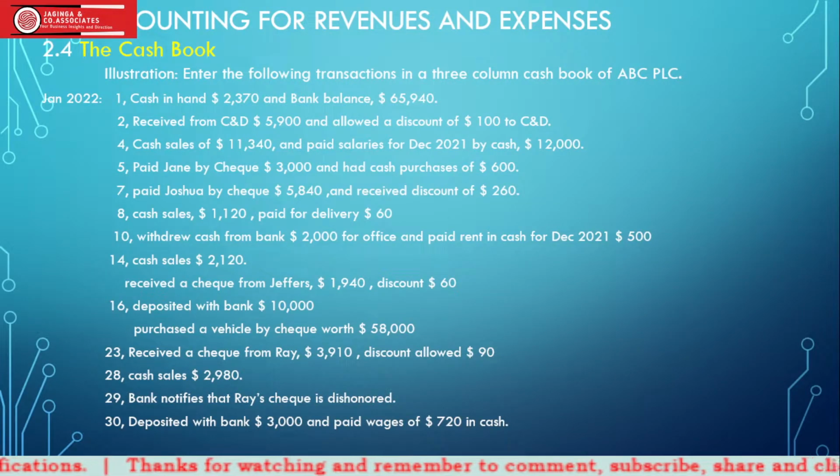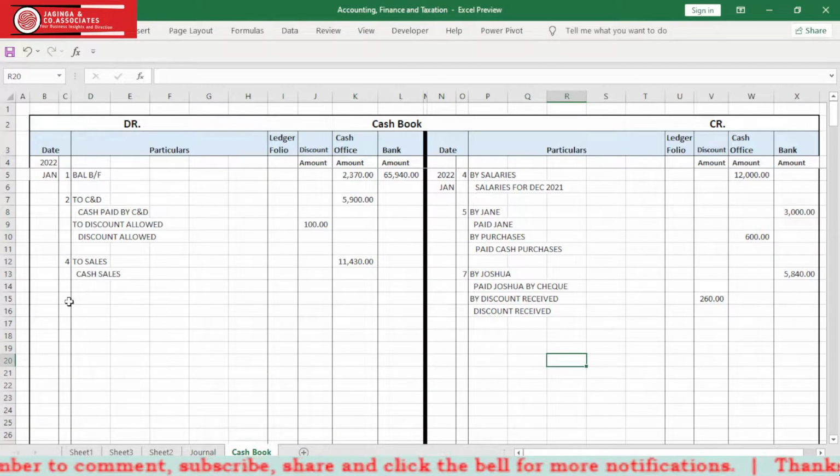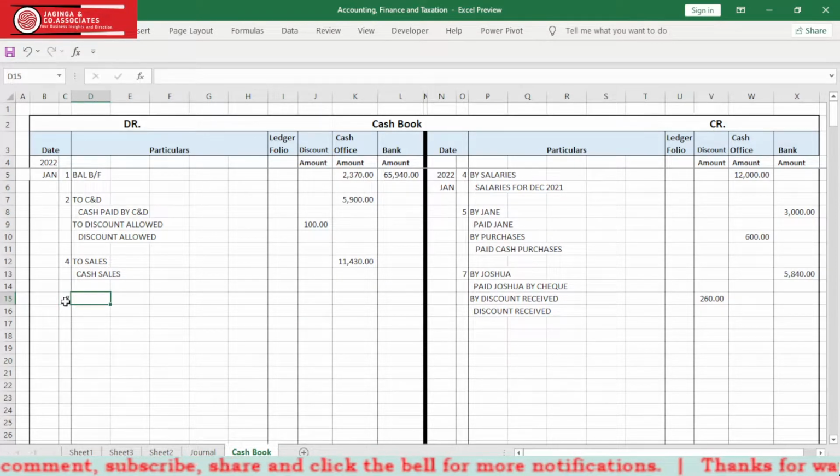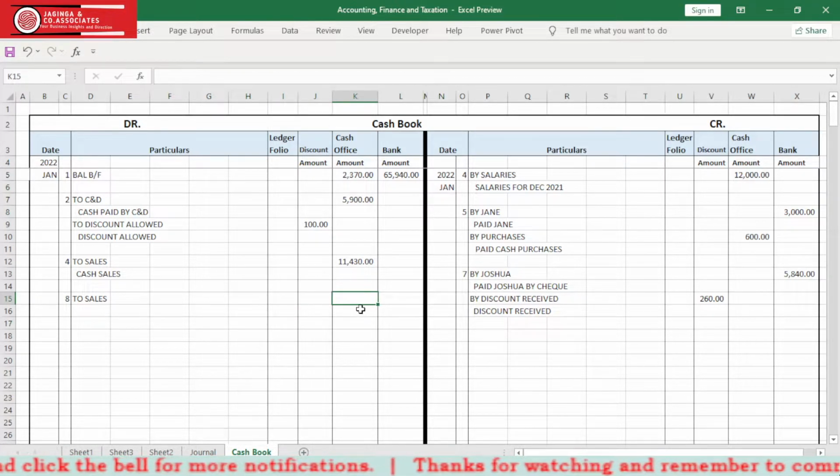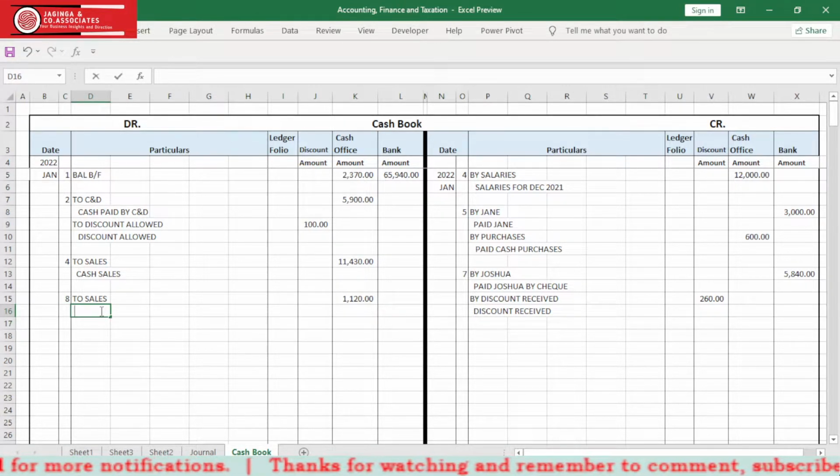And then on 8th, cash sales were 11.20 and paid delivery of 60. So here we write 8th, to sales, here we received 11.20. Then here we narrate cash sales.